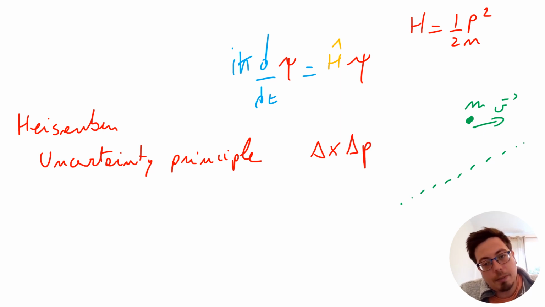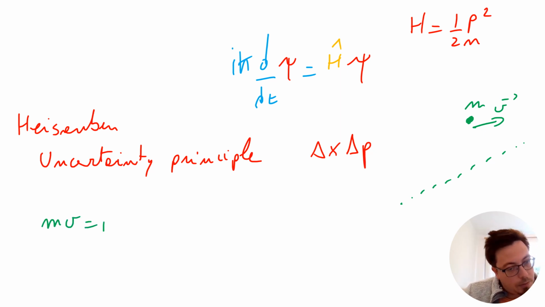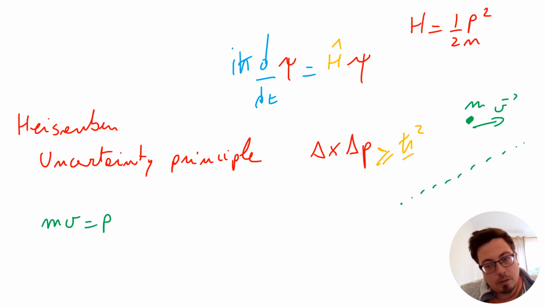And then you multiply by the same amount for momentum. And momentum, we know, is mass times velocity. This is the definition. It's almost the amount of energy that is in the system, except that it is a vector. And this product must be greater than a value that we know, Planck's constant squared over 2, for example, something like that.